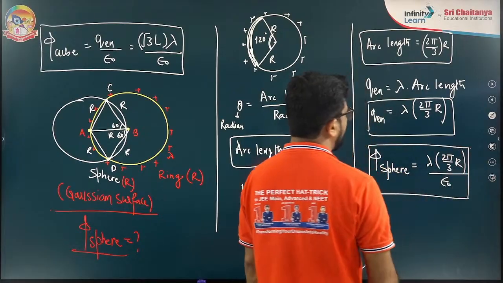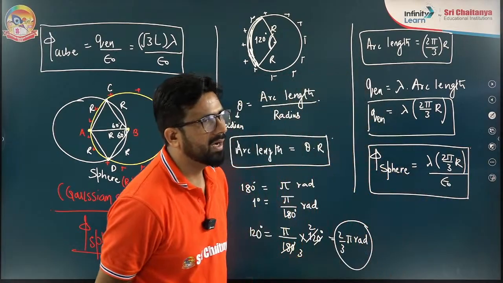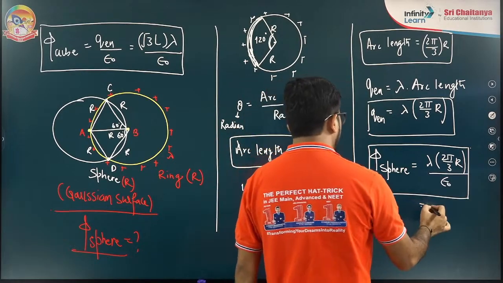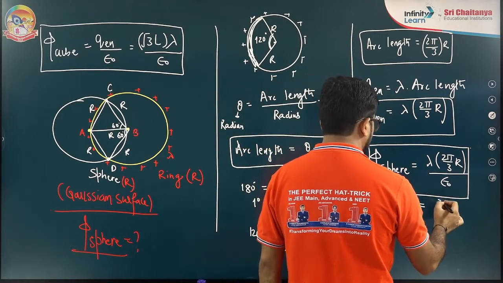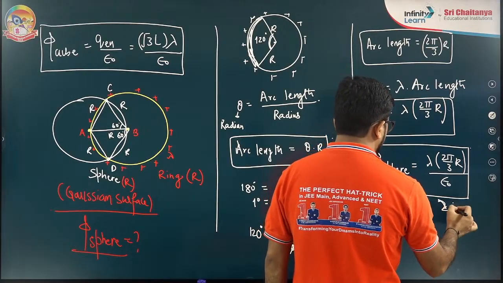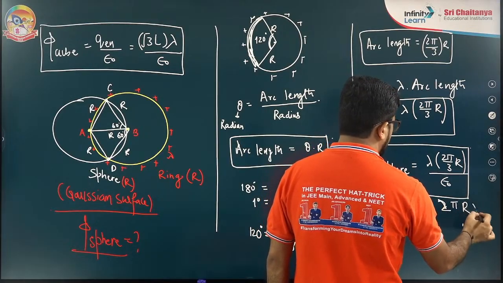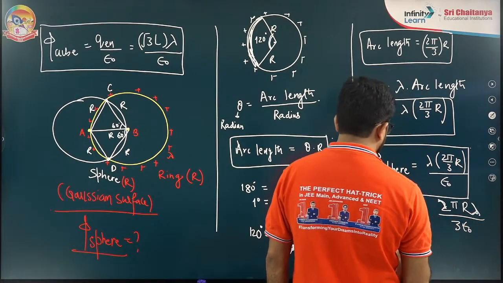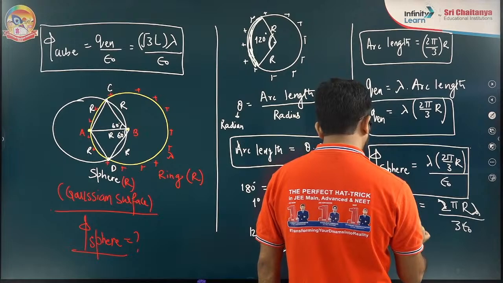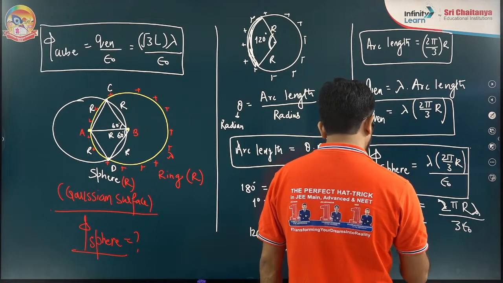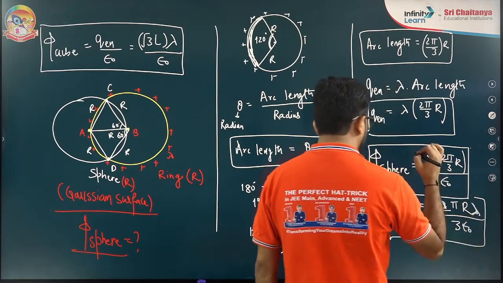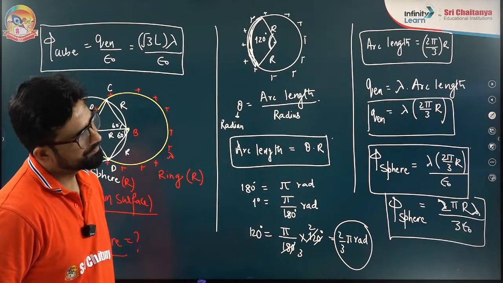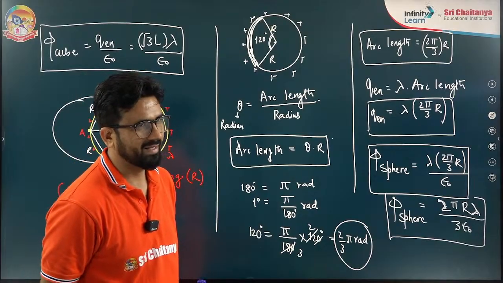Or you can write it in a little better way: 2 pi r into lambda divided by 3 epsilon naught. That is the flux through the sphere. It's the one question I have given you: 2 pi r lambda divided by 3 epsilon naught. Very good. Gayatri, your answer is correct now.